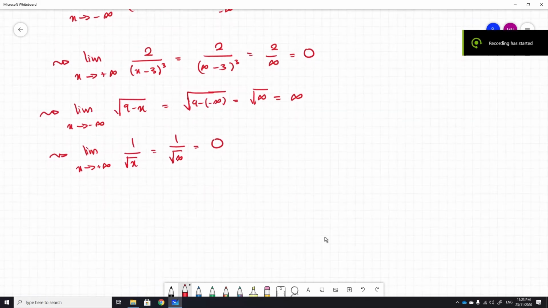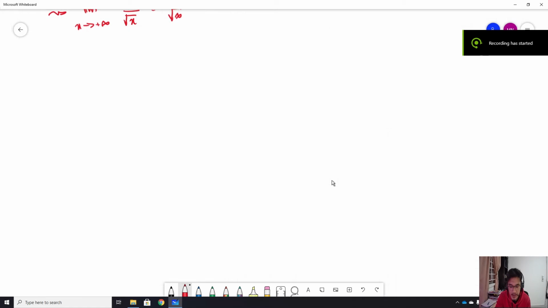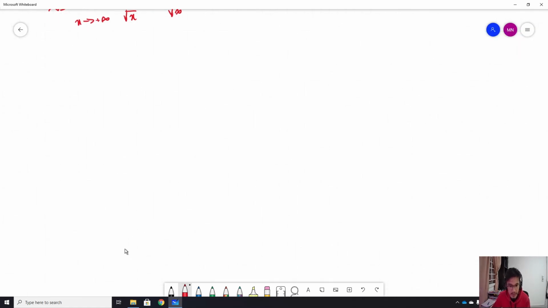Alright, and then pergi kepada contoh lagi, iaitu contoh yang pertama, limit x approaching negative infinity of function x square over 7 minus x square.